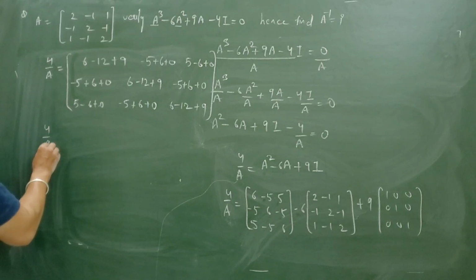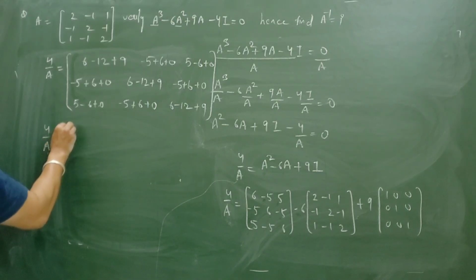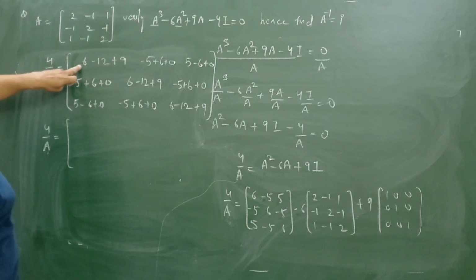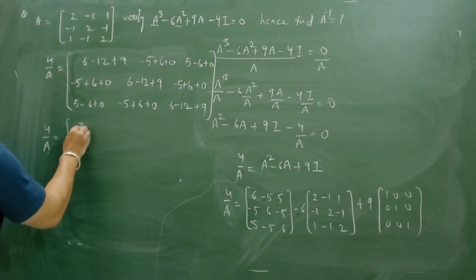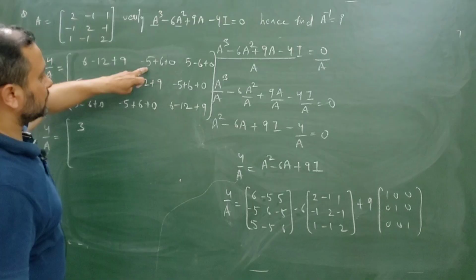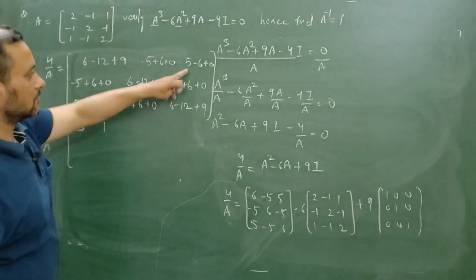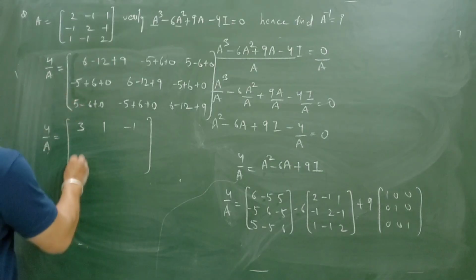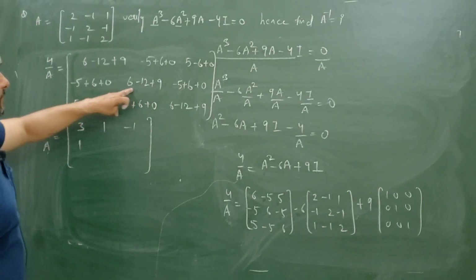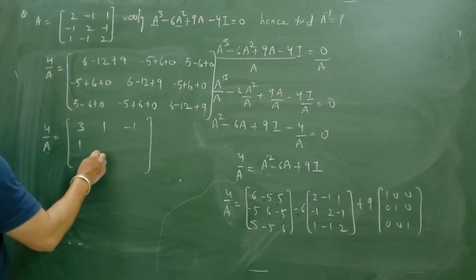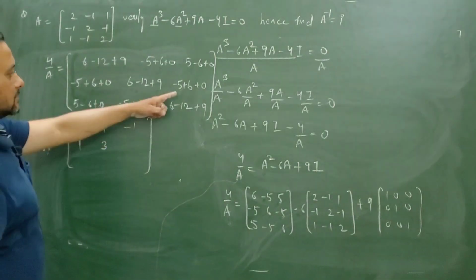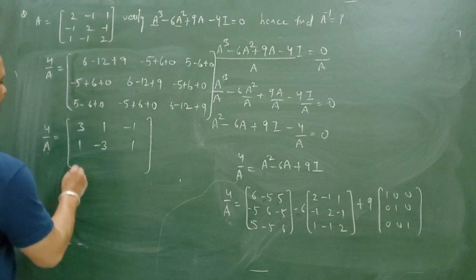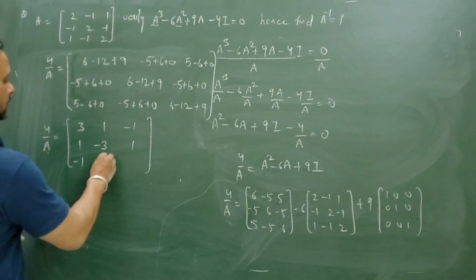4A inverse is equal to, after addition, 9 plus 6 is 15, minus 12 is 3. This is 6 minus 5, 1. This is minus 1. Here plus 1. 15 minus 12 is 3, and this is again 1, minus 3. This is minus 1. This is plus 1.